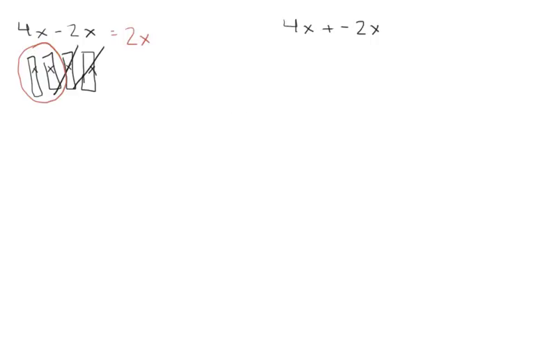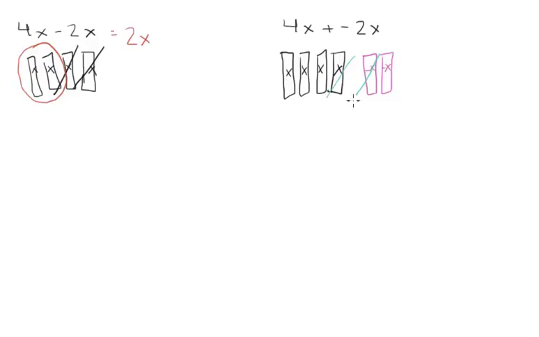Now, we've seen this before in some of our problems. If I have 4x and then I have 2 negative x's, and I'm adding those together, well, the x and the negative x cancel out, another x and a negative x cancel out, and I'm left with 2x.